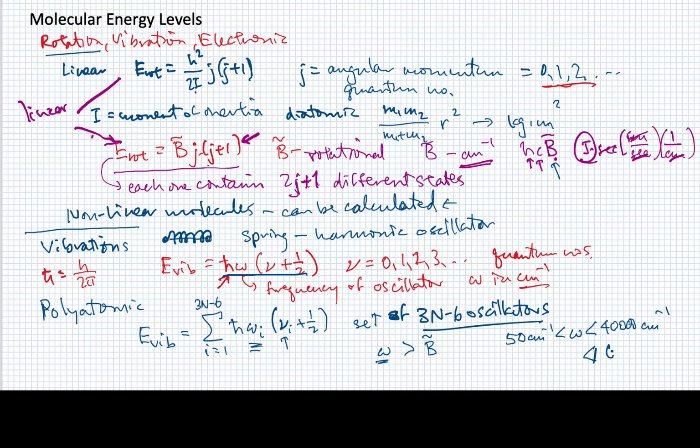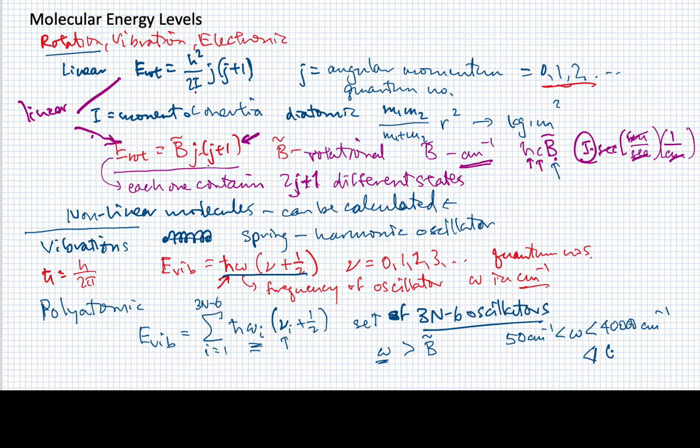So this would be the lowest electronic state, and this would be the first excited state. And to compare that, for example, to vibrations, vibrations might be spaced something like this. Okay, or even smaller relative to the electronic energy spacing. So in other words, the vibrational energy levels are much closer together than the electronic energy levels are.